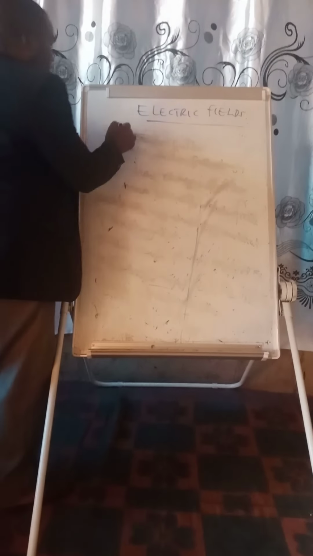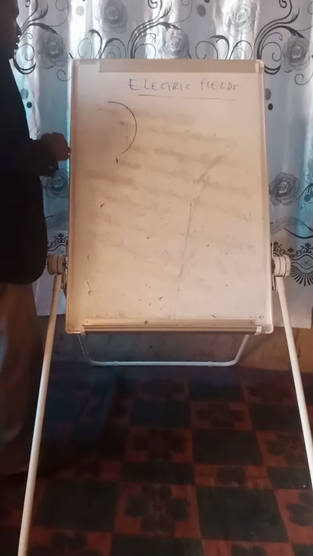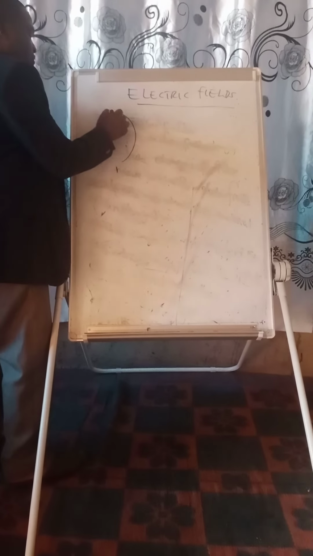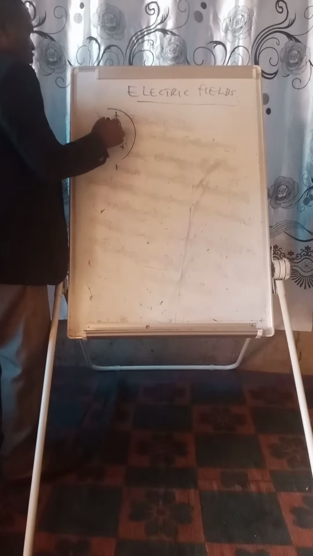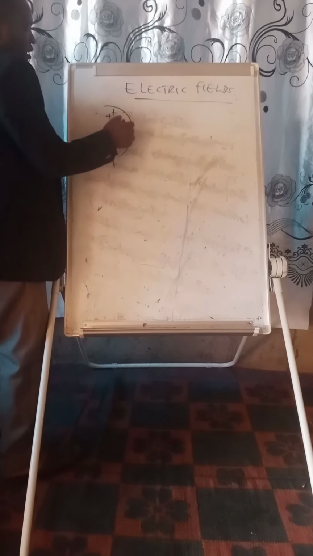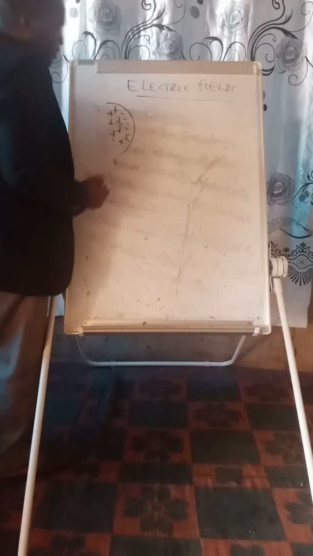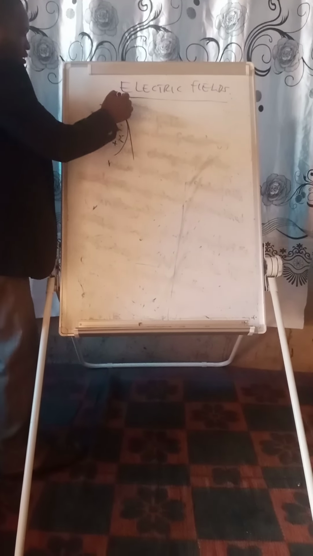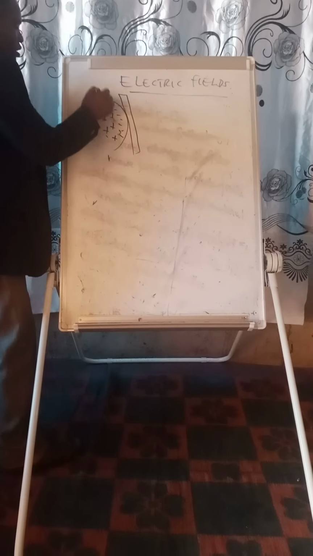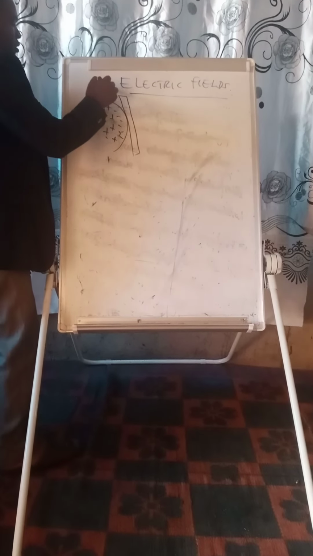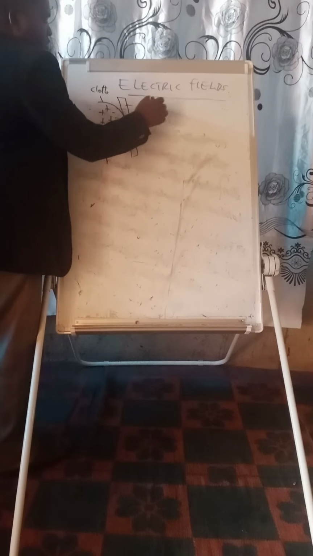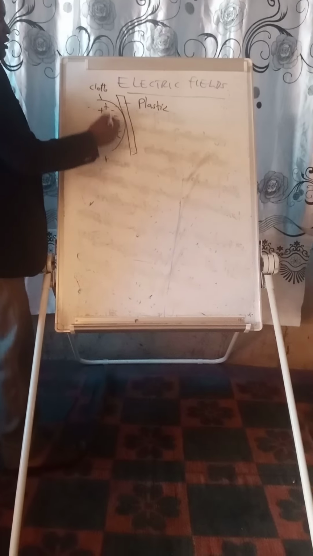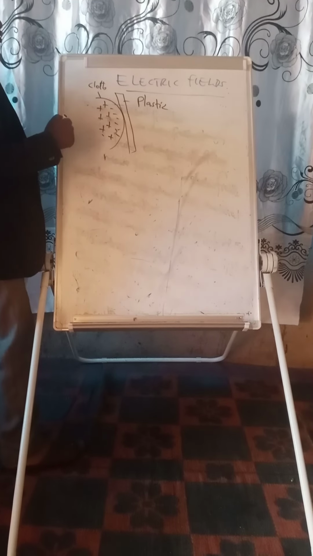So let's say this is an uncharged object, which has positive and negative charges. But if we rub it with another object, let's say this is a cloth and this is a plastic, if we rub with this plastic, there will be a transfer of electrons.